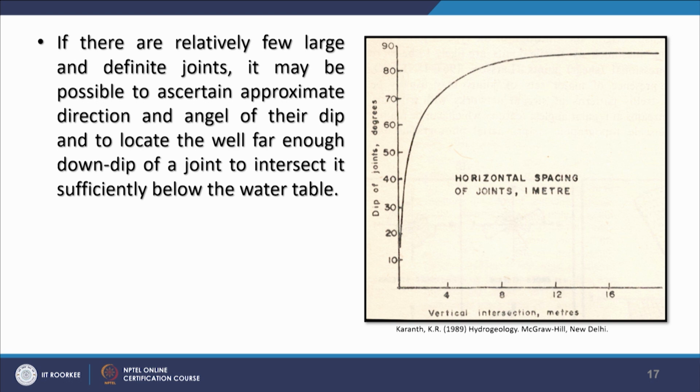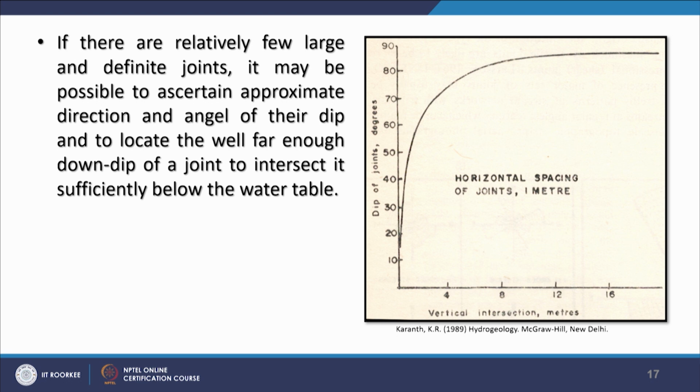If there are relatively few large and definite joints, then it may be possible to ascertain the approximate direction and angle of their dip, and locate the well far enough down the dip of the joints to intersect them sufficiently below the water table. That means more structural analysis is required, and more intense analysis is done where there is scarcity of water or aquifers are very deep.